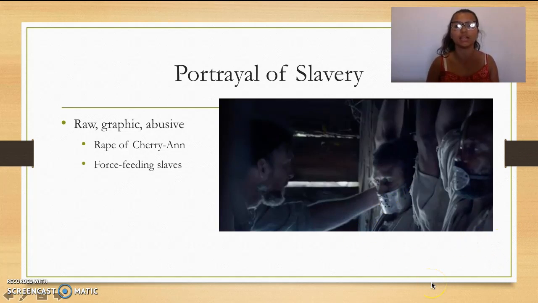He took a mallet and a hammer and took his teeth out, and then put a funnel in his mouth and force fed him so that he would eat. And the slave shown on the right was taken out and forced to listen to Nat preach.